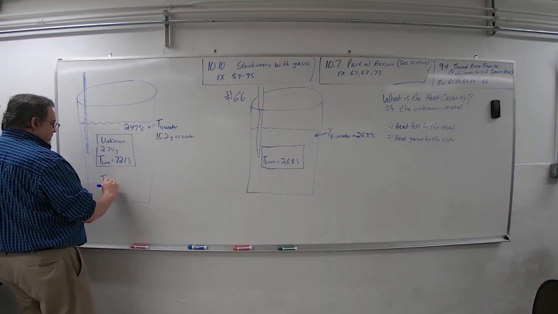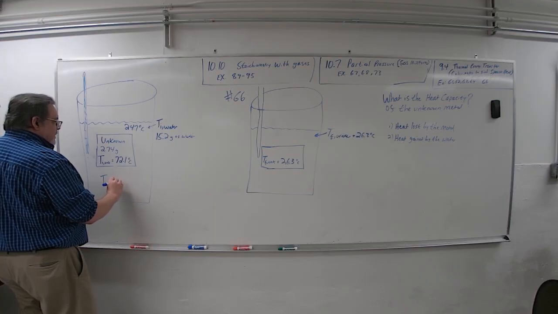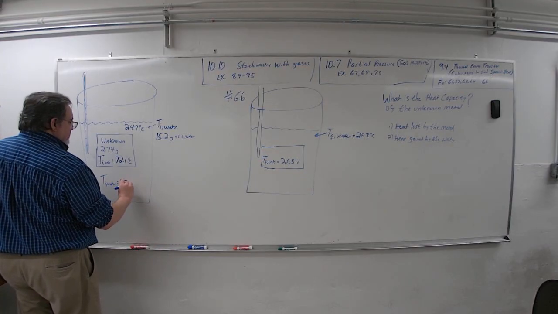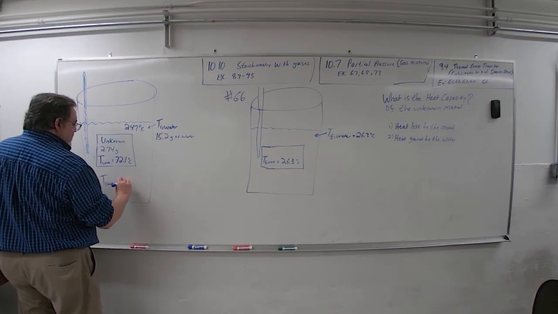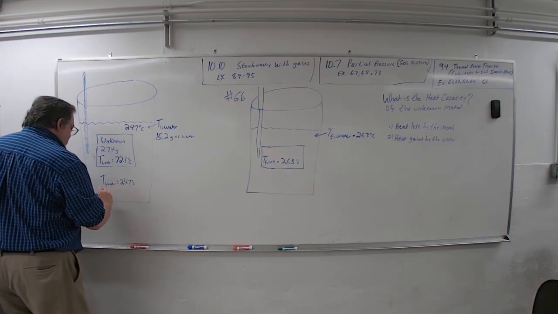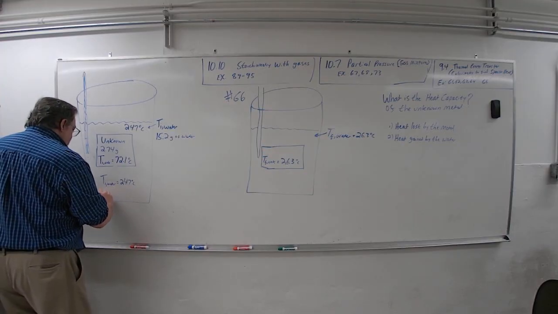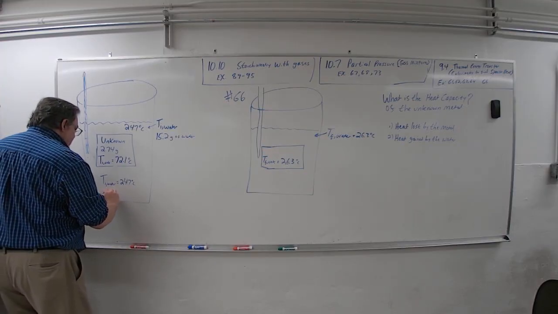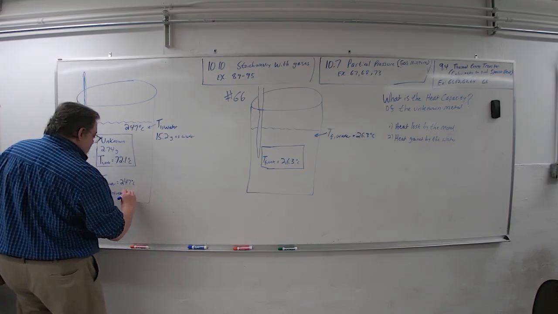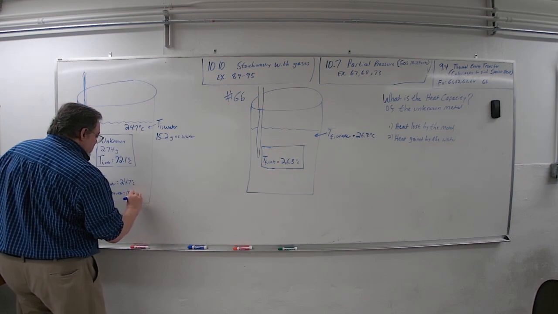Temperature initial of water equals 24.7 degrees C. Mass of water equals 15.2 grams.